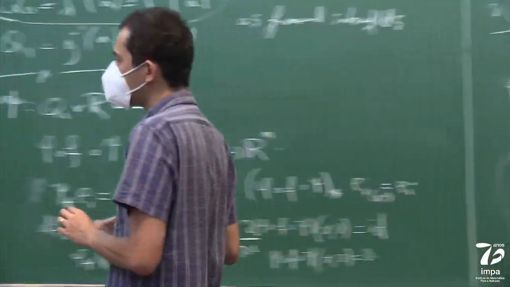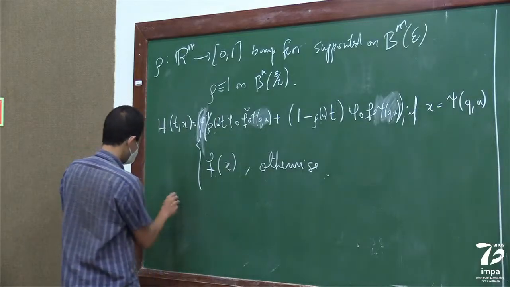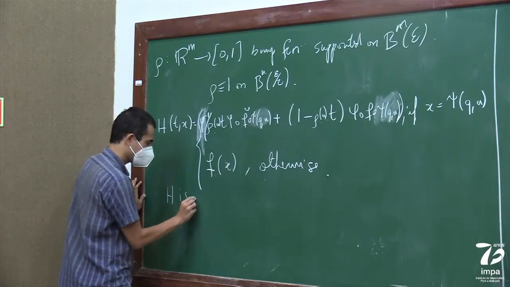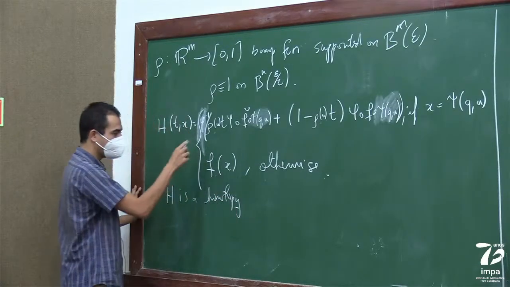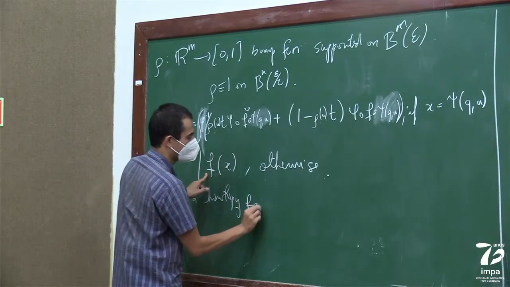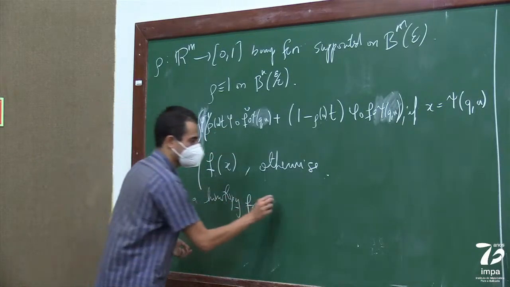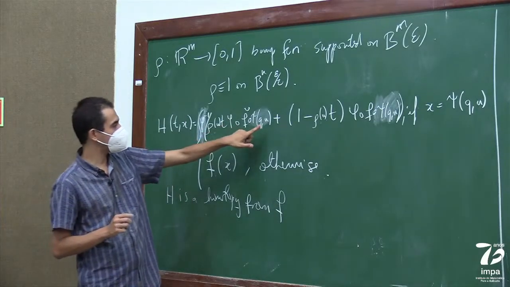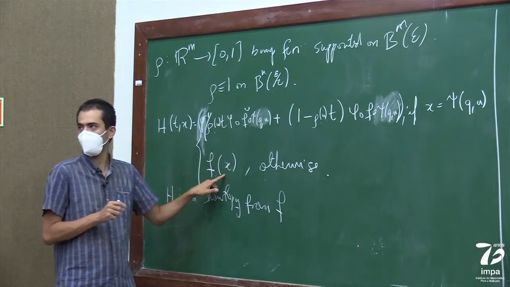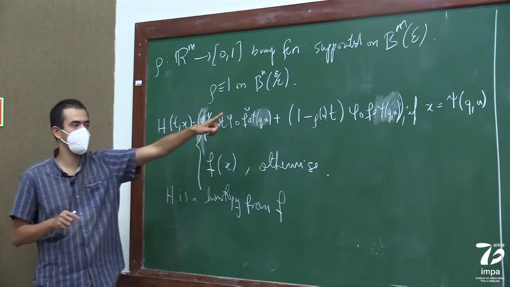So basically this H is a homotopy, and it starts at f, because for t equals 0 you just have f. And then it connects f to something that's not f tilde, because outside of the cylinder I'm not f tilde, but close enough to Q0, I am f tilde.